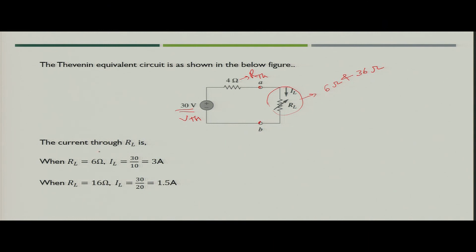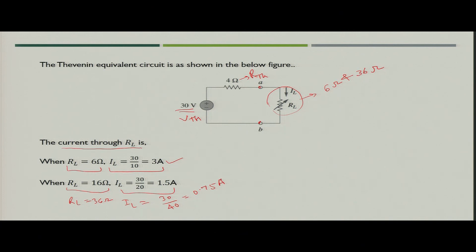So, you will just put the value of RL. When RL is equal to 6 ohm, you will simply apply Kirchhoff voltage law, and you will get the value of current IL as 3 ampere. Similarly, if RL is 16 ohm, you will get current IL as 1.5 ampere. When you replace RL with 36 ohm, you will get IL as 30 divided by 40.